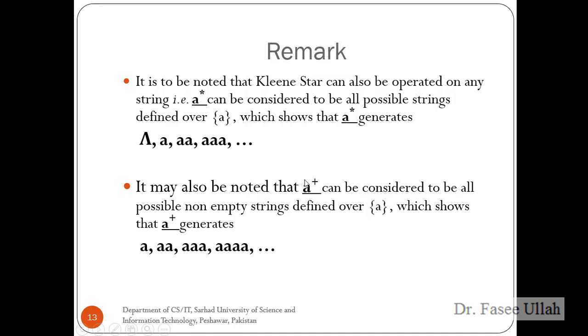The same example applies with the plus operation. For the plus operation, we have the same rule of extending the Kleene star without using the empty string or null string.